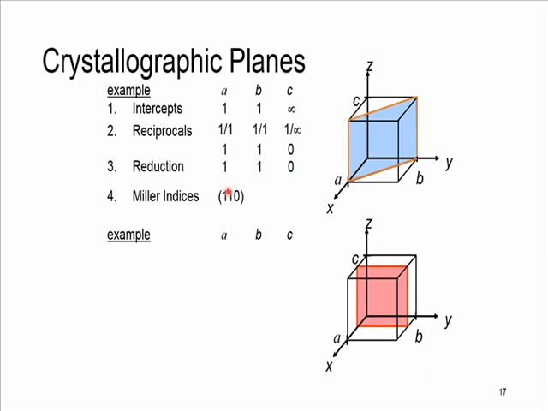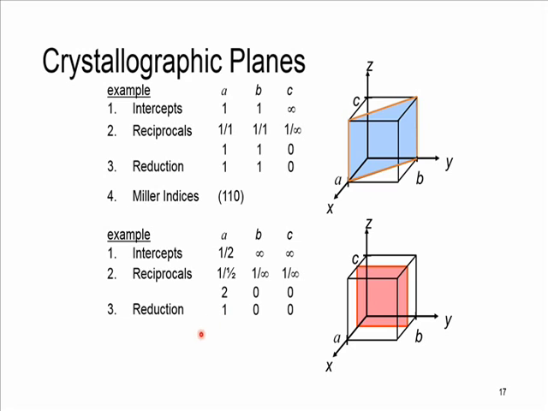Now look at this red plane in the cubic unit cell. Again we look at the intercepts. With x, it's intersecting at half. With y, it's parallel. With z, it's parallel. So these two are going to be infinity, and this is half. We do reciprocals, so this is going to be 2, 0, 0.